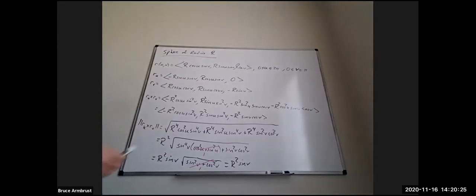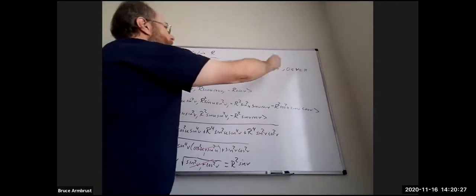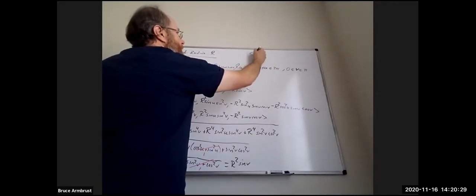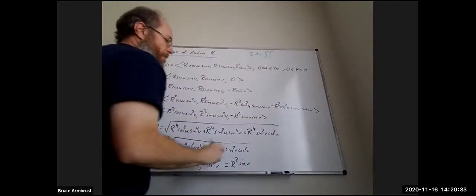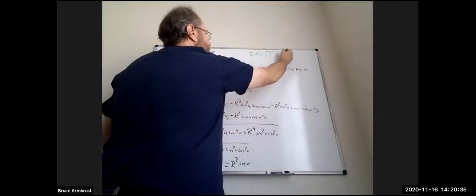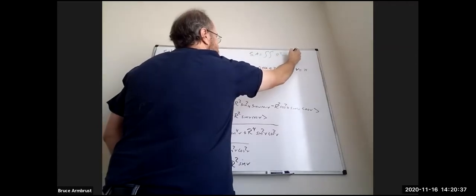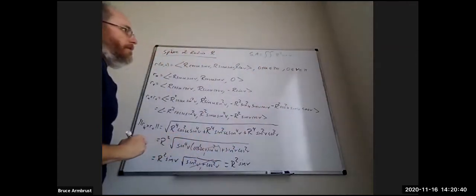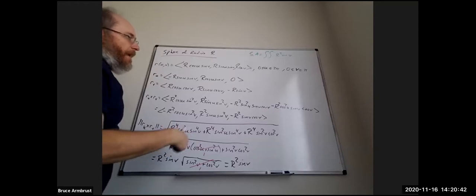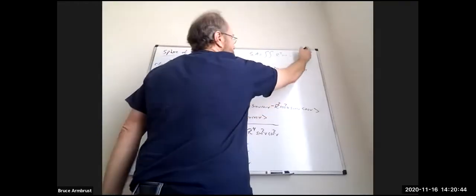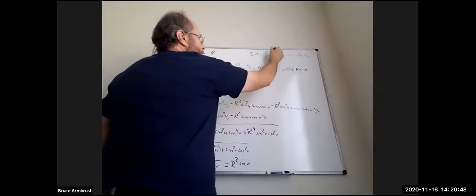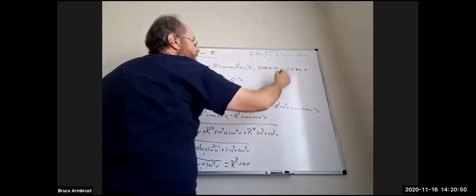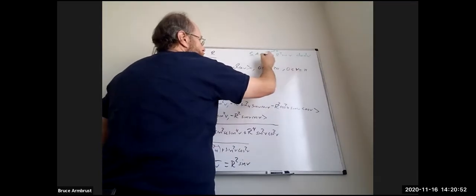So our surface area, I'm going to rewrite it over here. It's going to be the double integral of r squared sine v. And it doesn't matter if we do du dv or dv du, so I'll do du dv first. The u's go from 0 to 2 pi, and the v's go from 0 to pi.